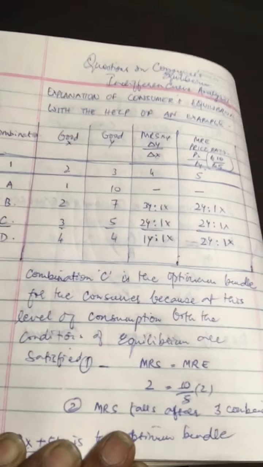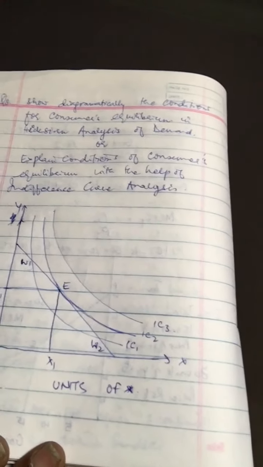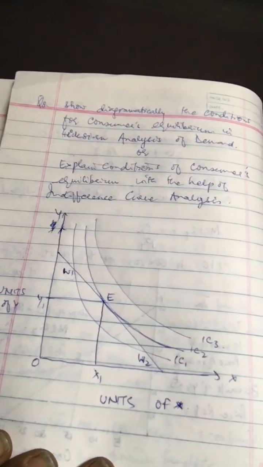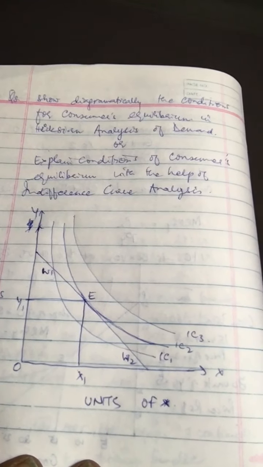Having said that, suppose there's another question that you could get. For example, if you get a question as show diagrammatically: there are 3 indifference curves as shown here. Which would be the best, which would bring about consumer's equilibrium?